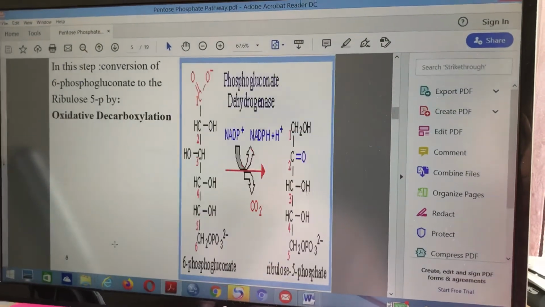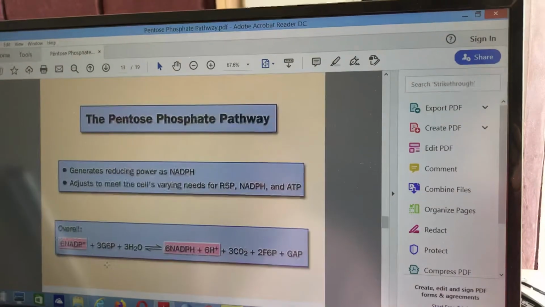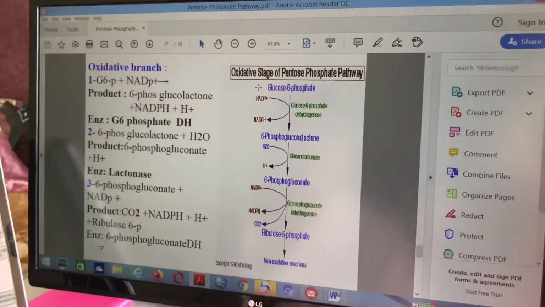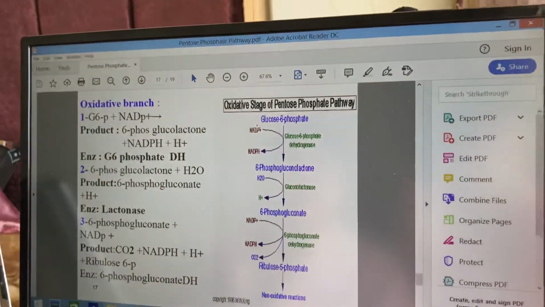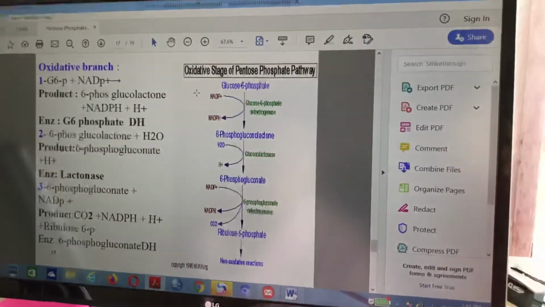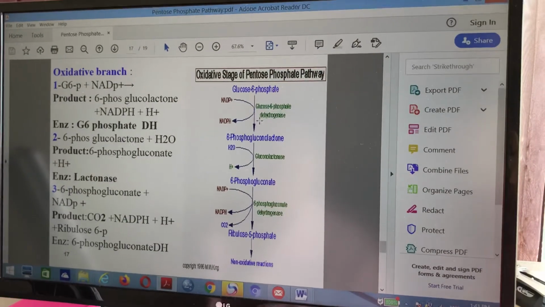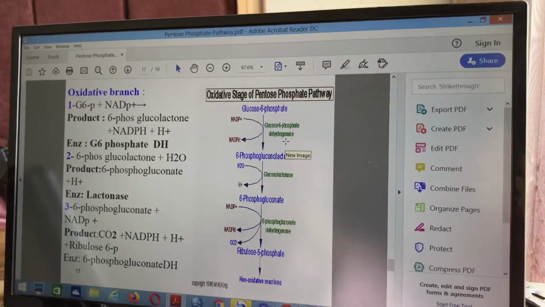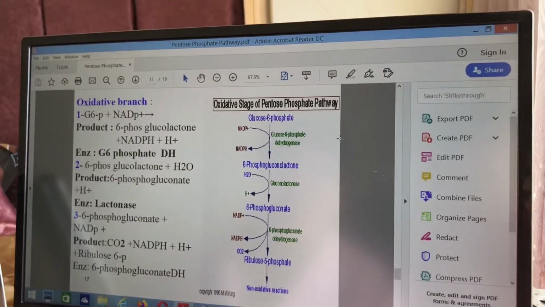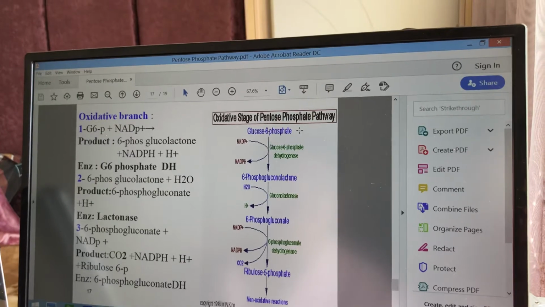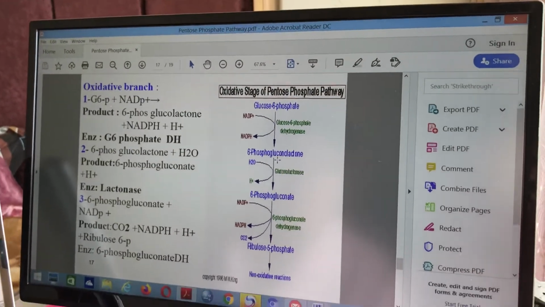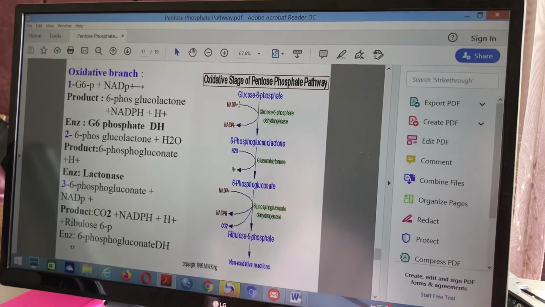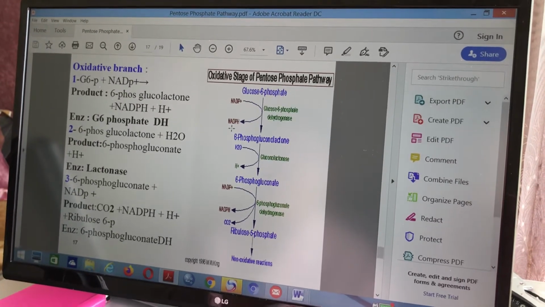The first stage is the oxidative stage. It starts from glucose 6-phosphate, and then by the action of glucose 6-phosphate dehydrogenase, glucose 6-phosphate is converted to 6-phosphogluconolactone, which needs NADP and produces NADPH.